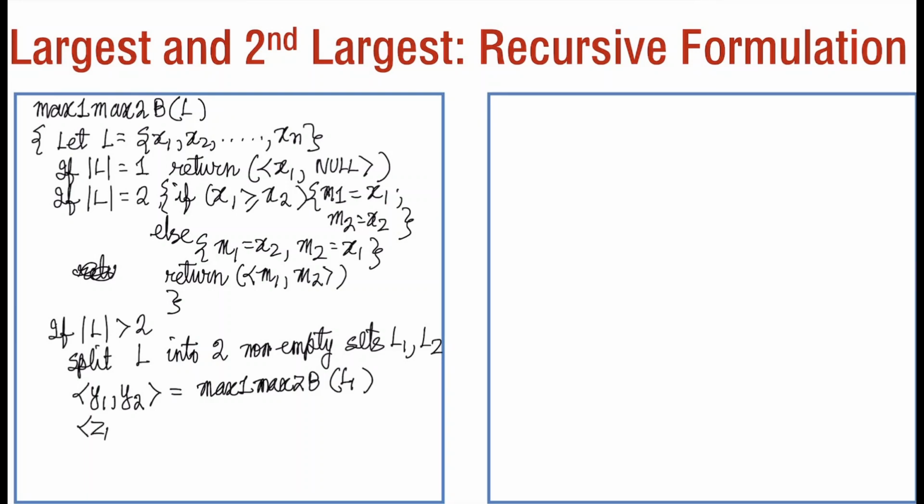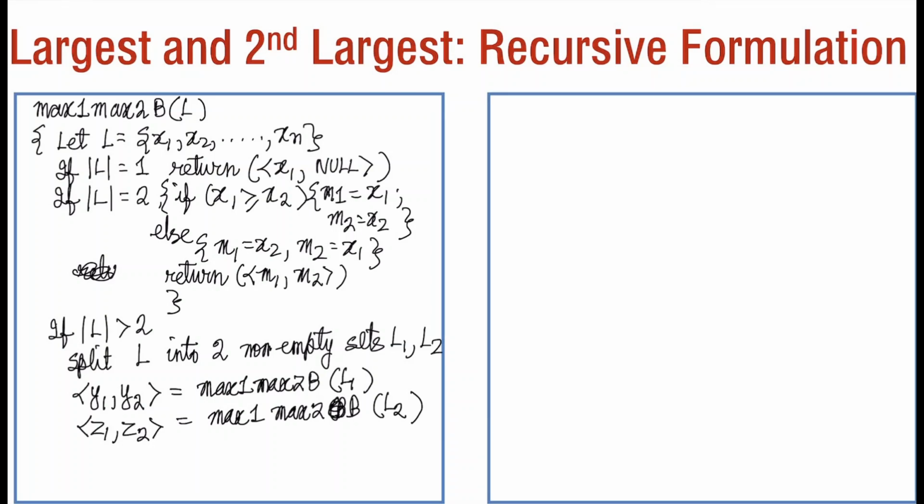We get z1, z2 equal to max1, max2b of L2. Now once we have got this, which is identical to our max-min problem, we now start the comparison of y1, y2 with z1, z2 to really determine what would be returned by this function.